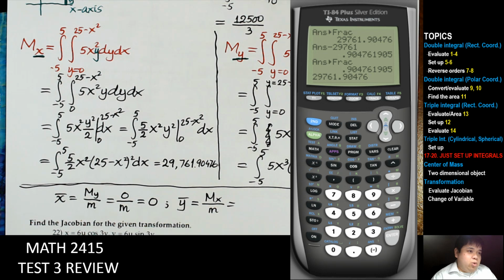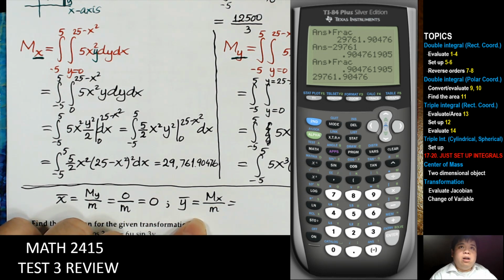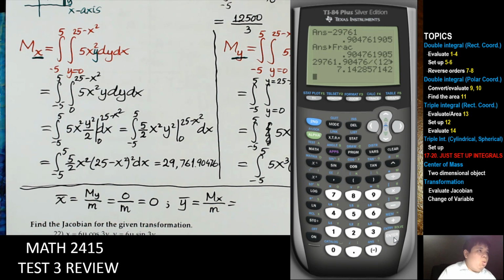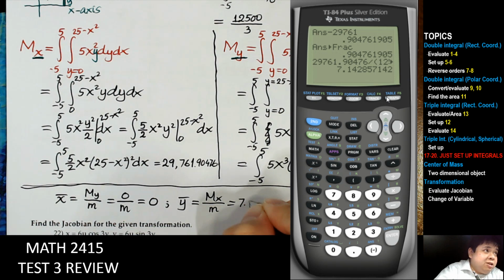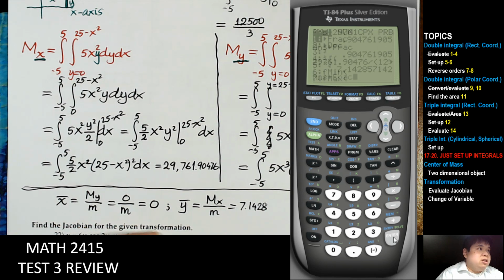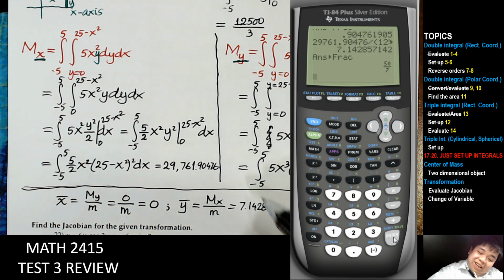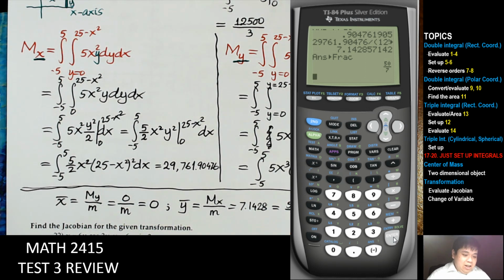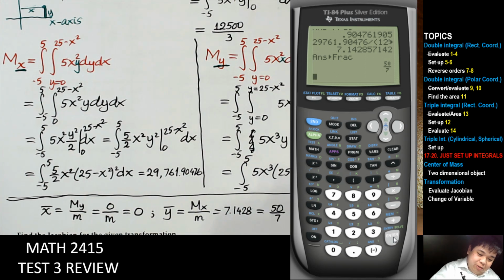So that is Mx divided by m, about 7.142 something. I doubt this can turn into any fraction. Oh, it is. So it's good. 50 over 7. So the center of mass is 0 and 50 over 7.